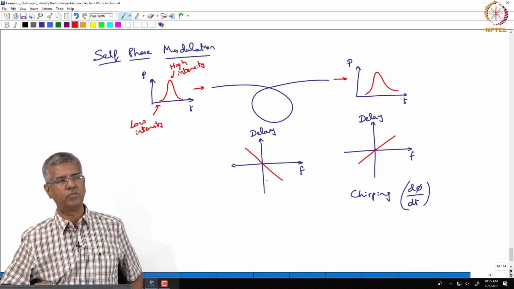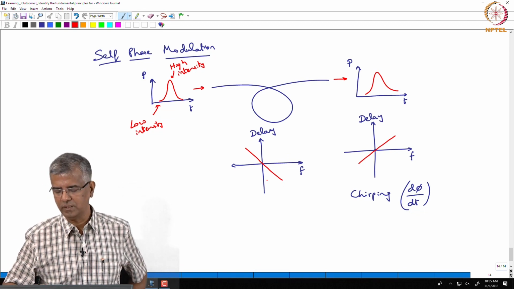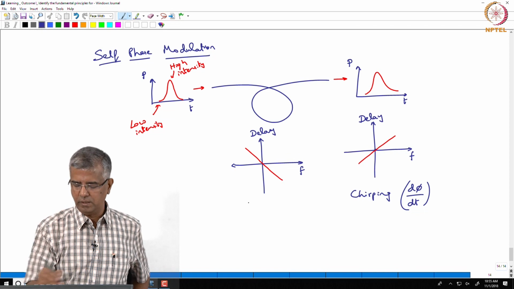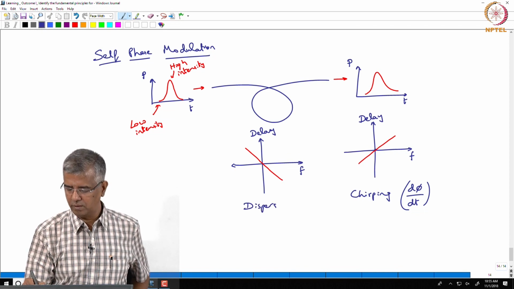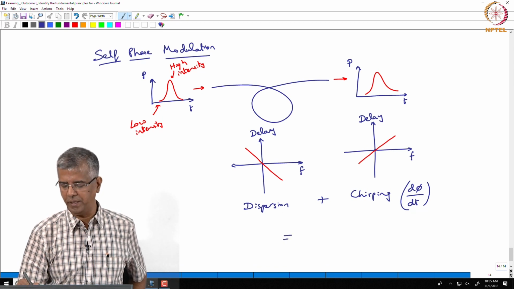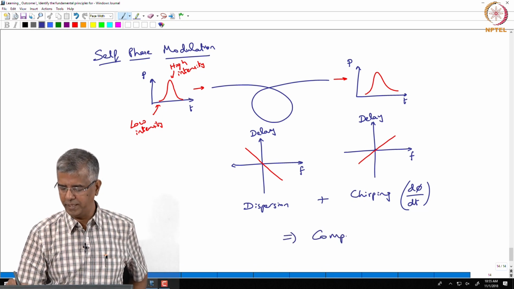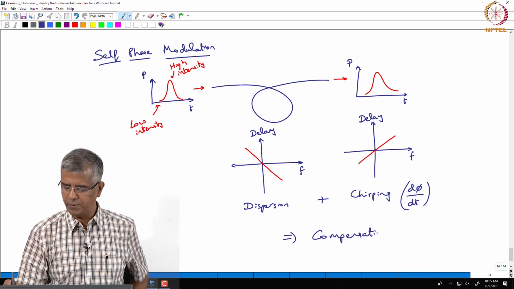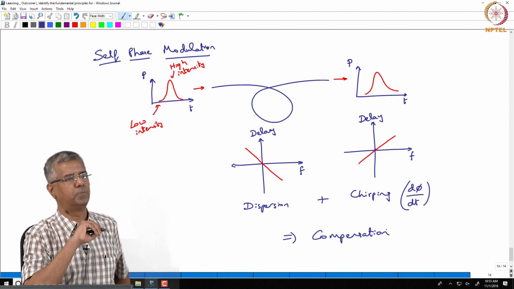It's got a negative slope. So this is dispersion. So this dispersion plus chirping can provide compensation for your dispersion.